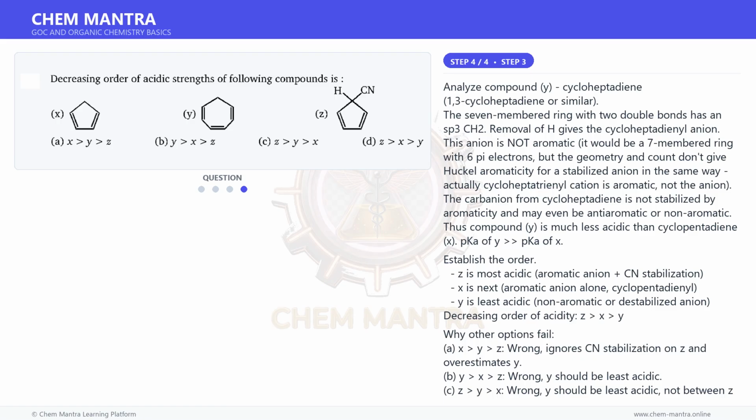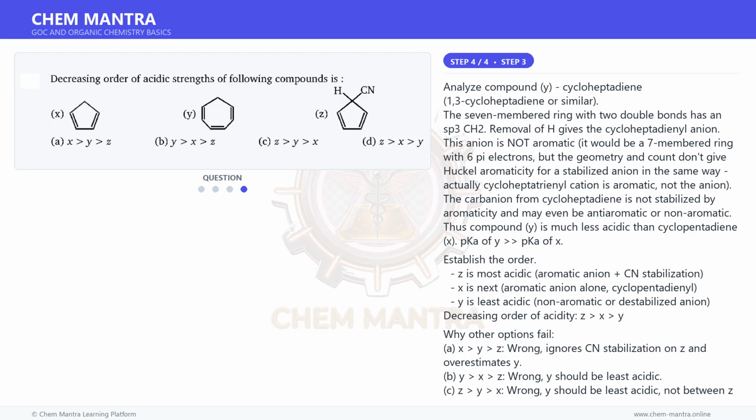It would be a 7-membered ring with 6 pi electrons, but the geometry and count don't give Huckel aromaticity for a stabilized anion in the same way. Actually, the cycloheptatrienyl cation is aromatic, not the anion. The carbanion from cycloheptadiene is not stabilized by aromaticity and may even be antiaromatic or non-aromatic.